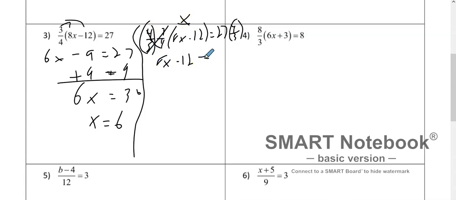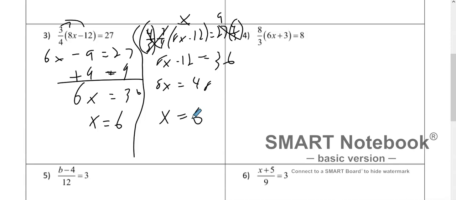And on this side, 27 times 4 divided by 3, or more easily, 3 goes into 27 9 times. 9 times 4 is 36. Then when we add 12, 8x equals 48. Divide by 8, well, look at that. We get the same answer. So just 2 different ways of thinking about it. It's up to you which you want to do.